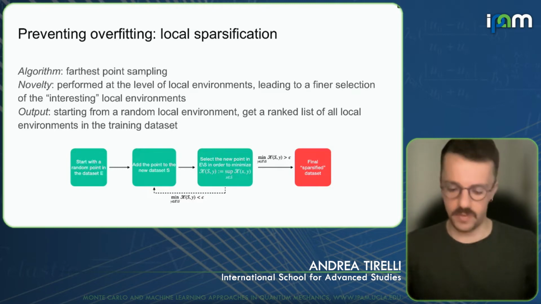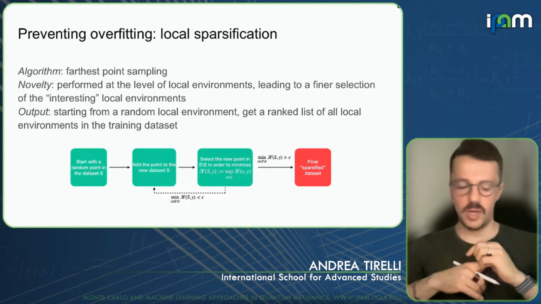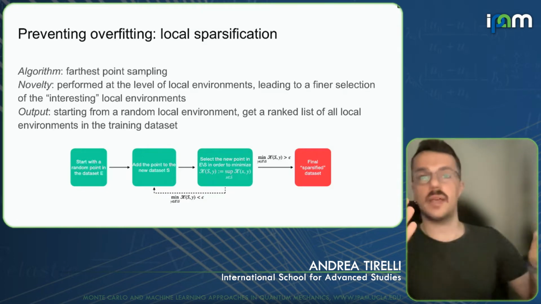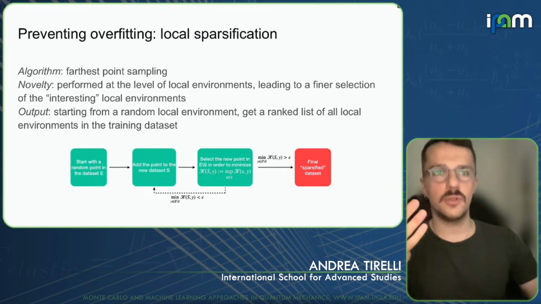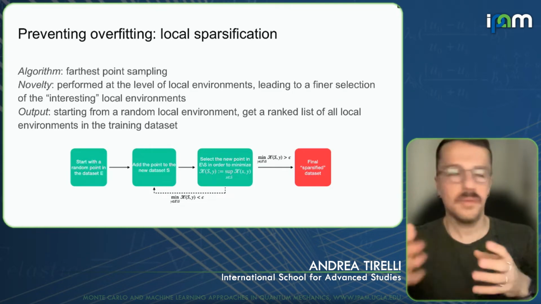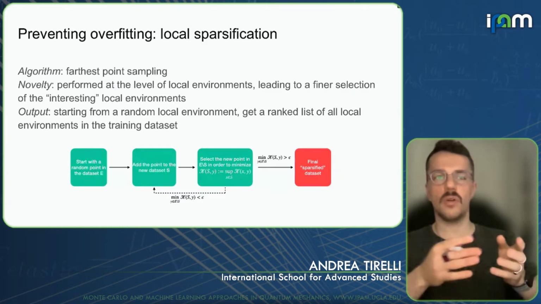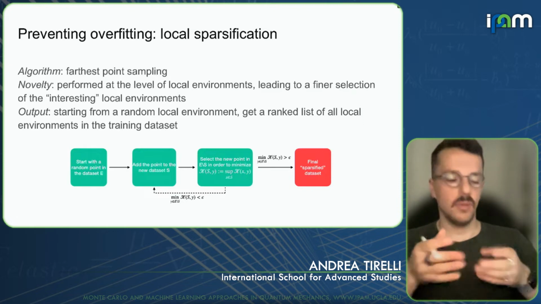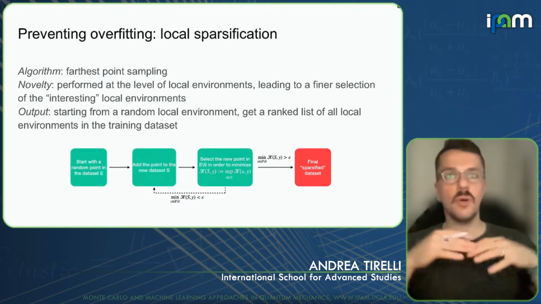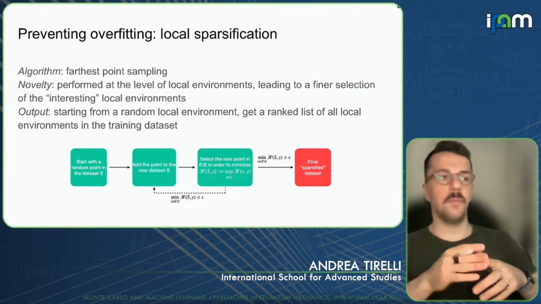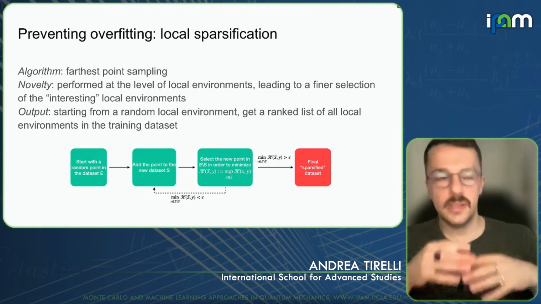Well, assume you have a bunch of local environments in your training data, and two of them are exactly the same. Since the model does not know how to choose between the two, we're going to have both local environments, and both are going to have two variational parameters. So we want to have the most diversified set of local environments of the smallest size.